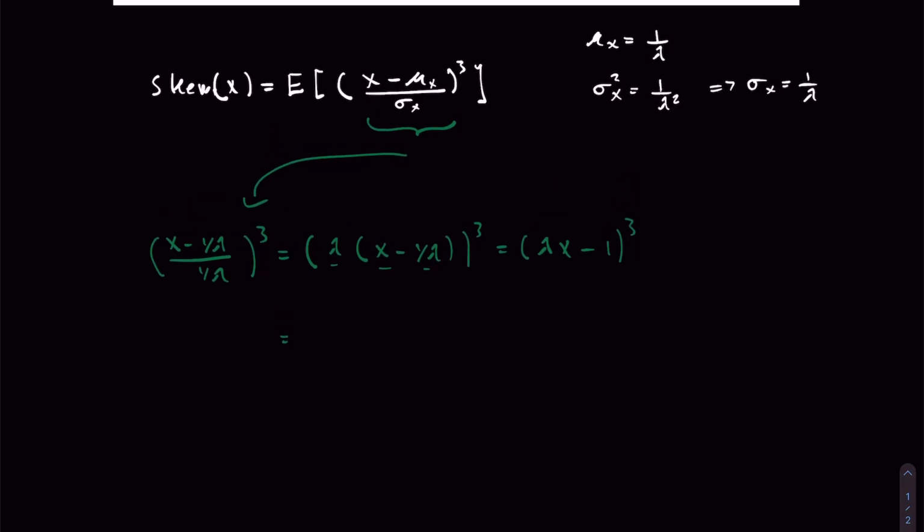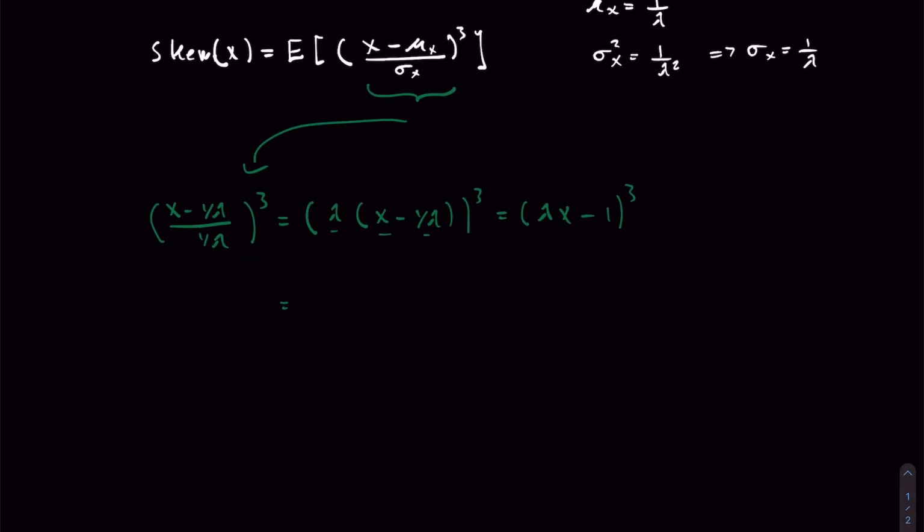Because we want to eventually take the expectation over this inner expression, let's see if we can simplify by just multiplying out this full term here.